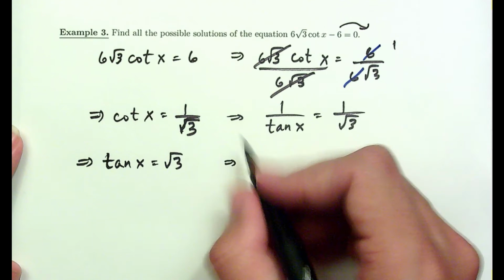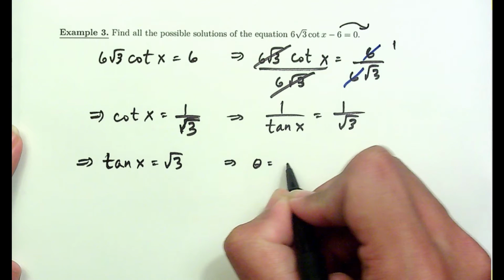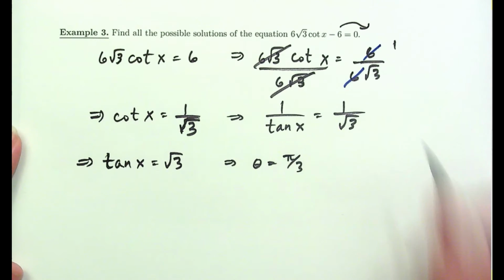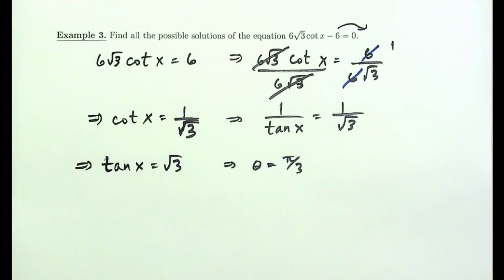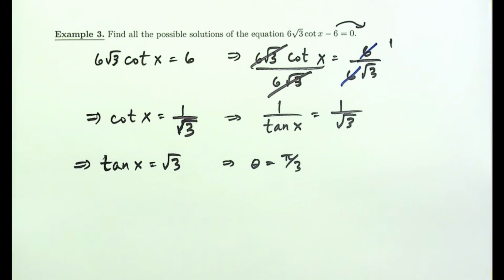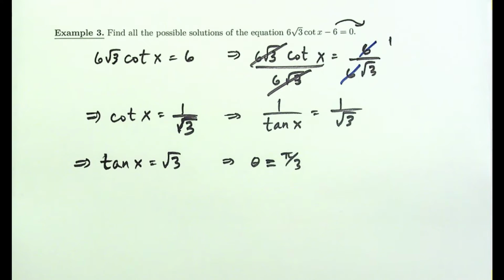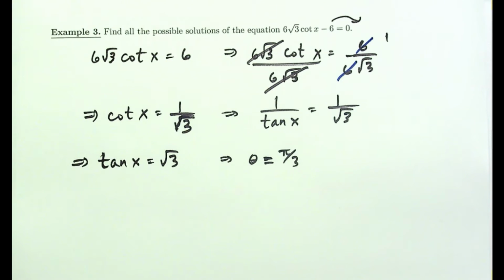It is pi over 3. Okay, this is just a coincidence that all these examples have been giving me pi over 3. All right, pi over 3.